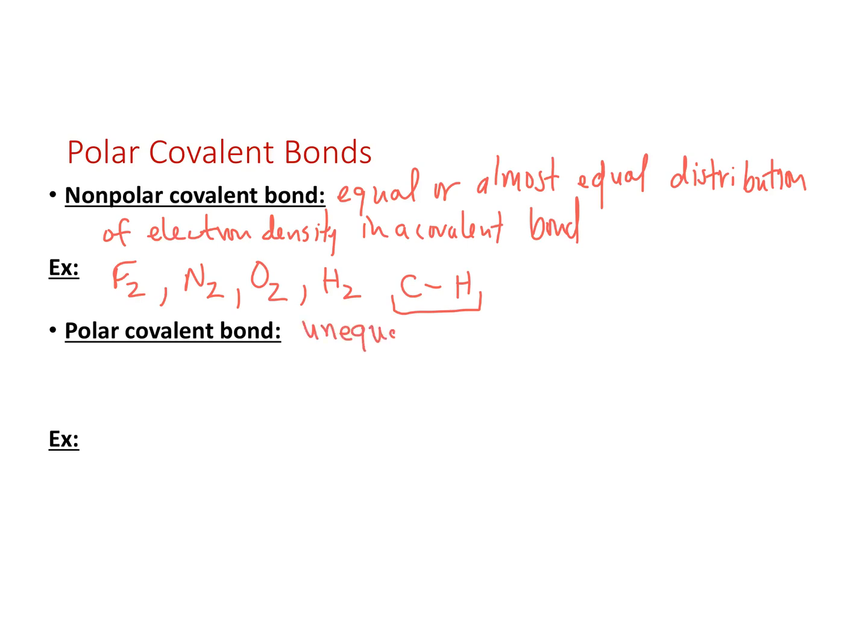So an unequal distribution of electron density in a covalent bond. We're still sharing the electrons, we're just not sharing equally.